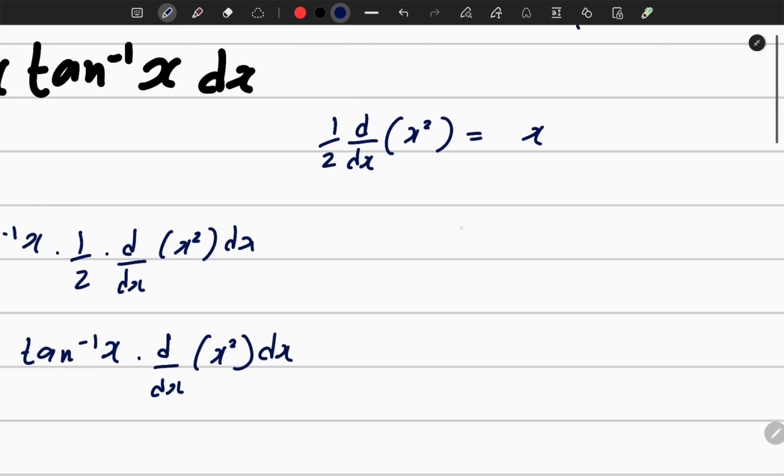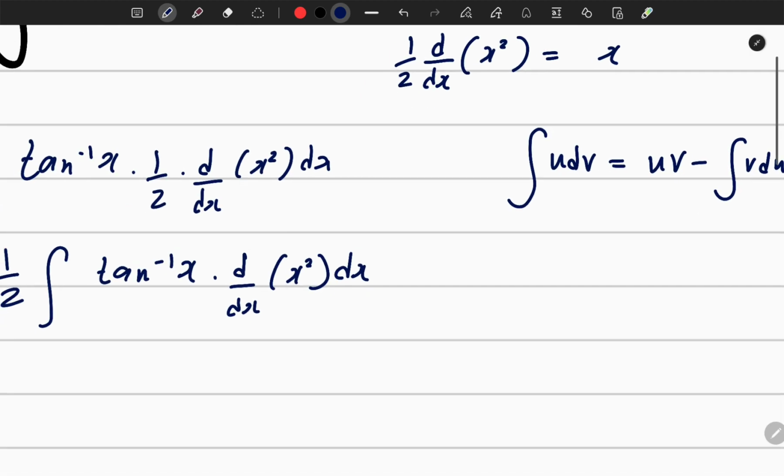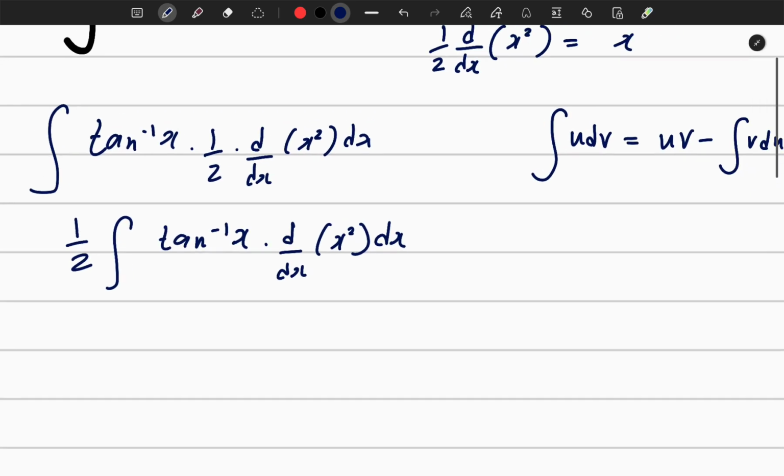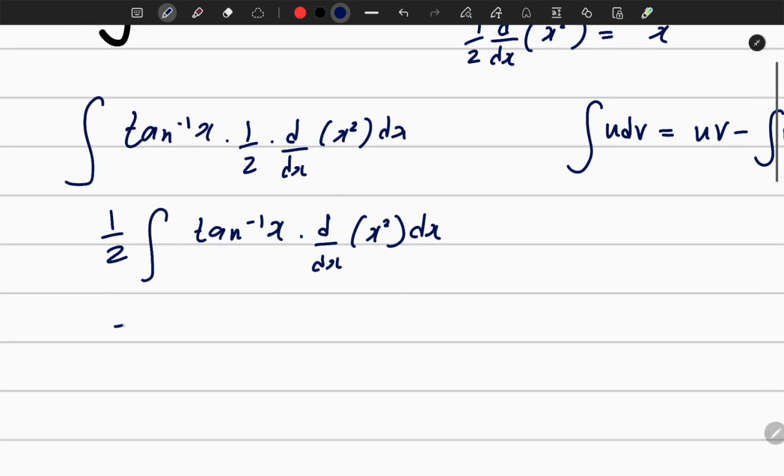I know a formula such that the integral of u dv is equal to uv minus the integral of v du, right? So similarly I'm going to use this equation to solve here.